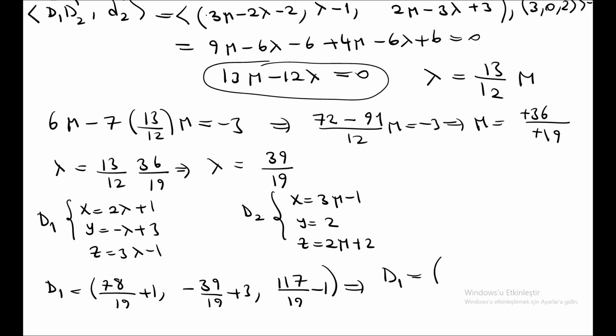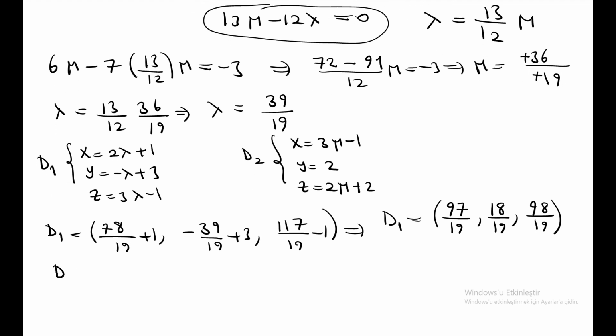So D1 becomes 97 over 19, 18 over 19, and the last one 98 over 19. This is D1.